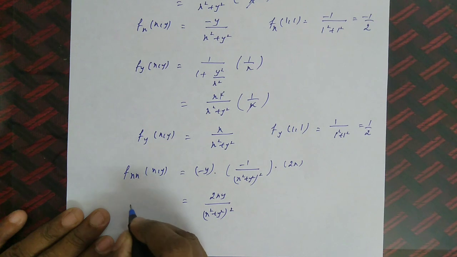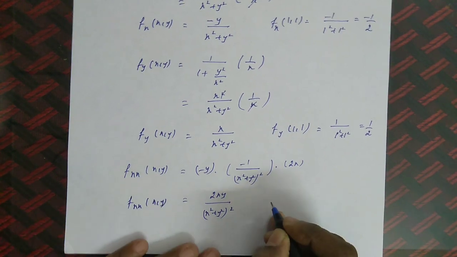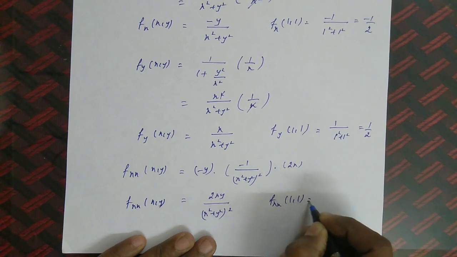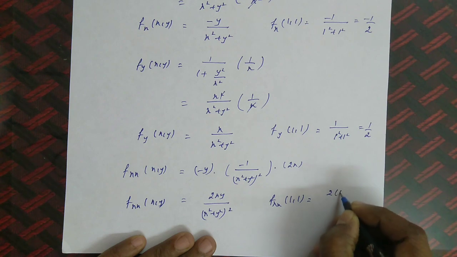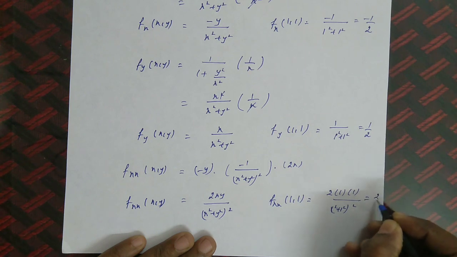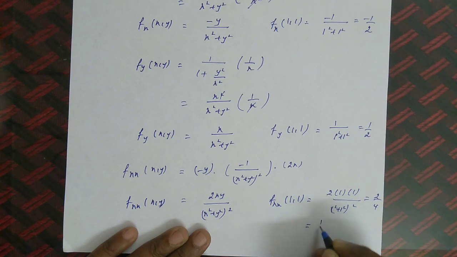This is our fxx of x comma y. Now, we will substitute the point. fxx of 1 comma 1 equals 2 into 1 into 1 divided by 1 square plus 1 square the whole square. So, 2 by 4, which is equal to 1 by 2.